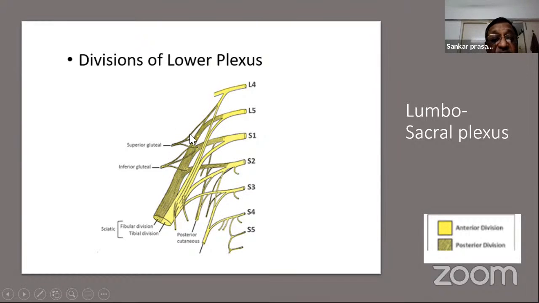There are two important nerves here: the superior gluteal nerve, which supplies the gluteus medius, minimus and tensor fasciae latae, and the inferior gluteal nerve, which supplies the gluteus maximus muscle. They are not part of the sciatic nerve. Just observe this. These are important nerves. They are called root collateral nerves or proximal nerves. They have a very important role in localizing lesions.